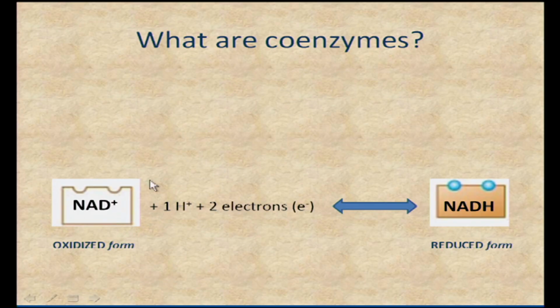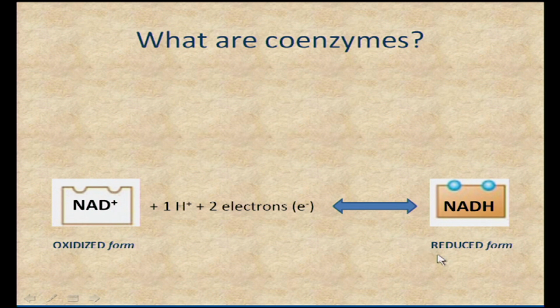So when we start here with this NAD+, we're going to add this hydrogen and the 2 electrons, which are represented by blue balls, and we're going to put them right over here and make NADH. So the H represents the hydrogen, and we have these 2 little balls which are each supposed to represent the electrons.